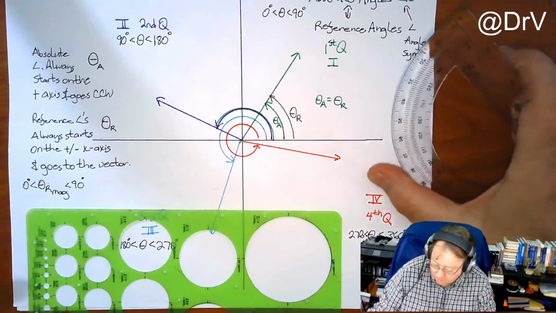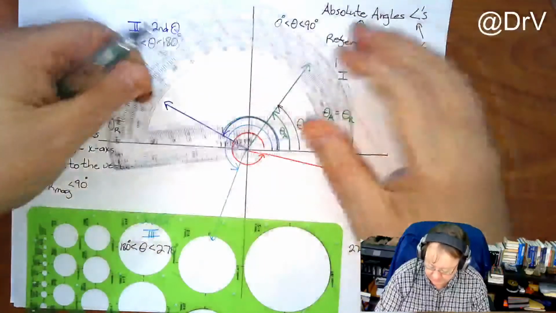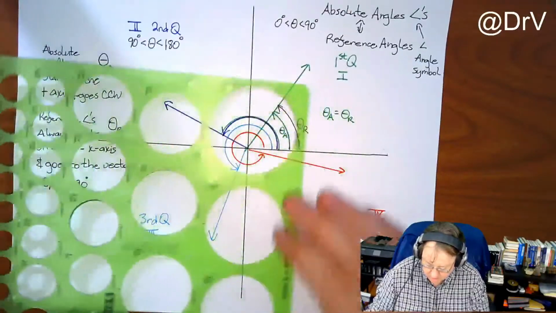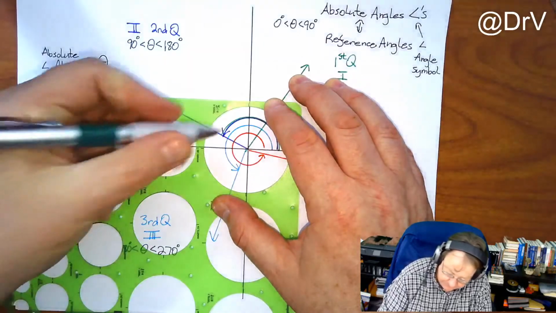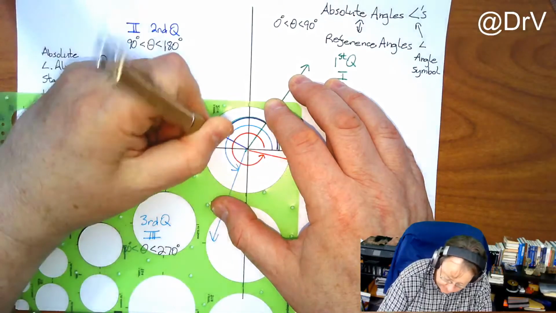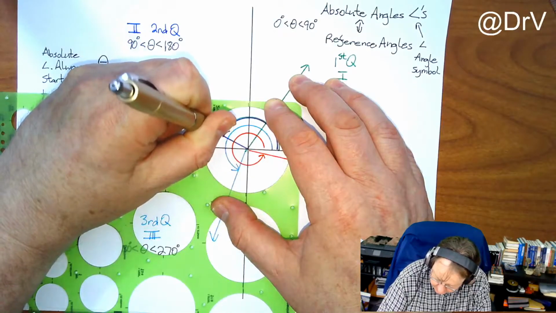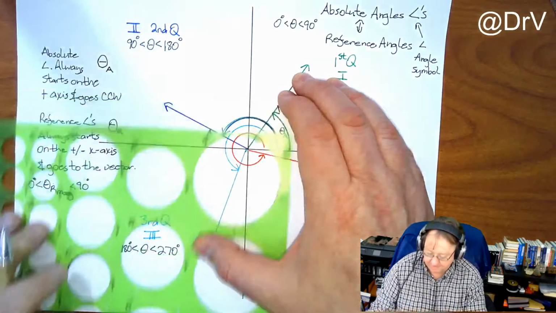If it's a second quadrant, for the second quadrant, that is your reference angle.